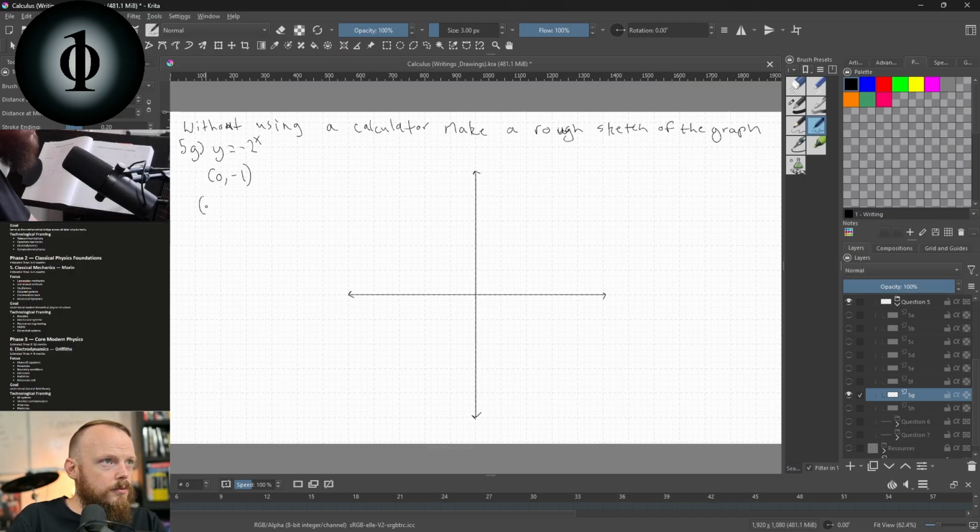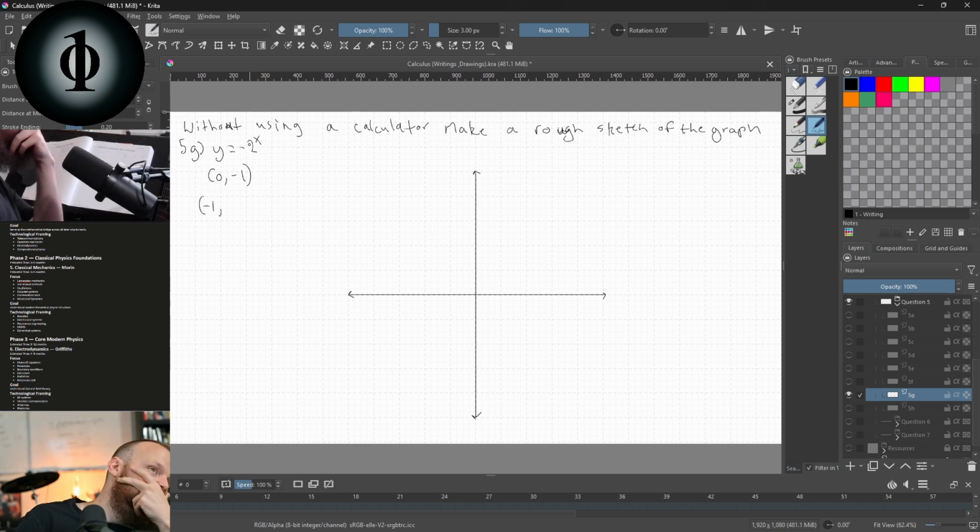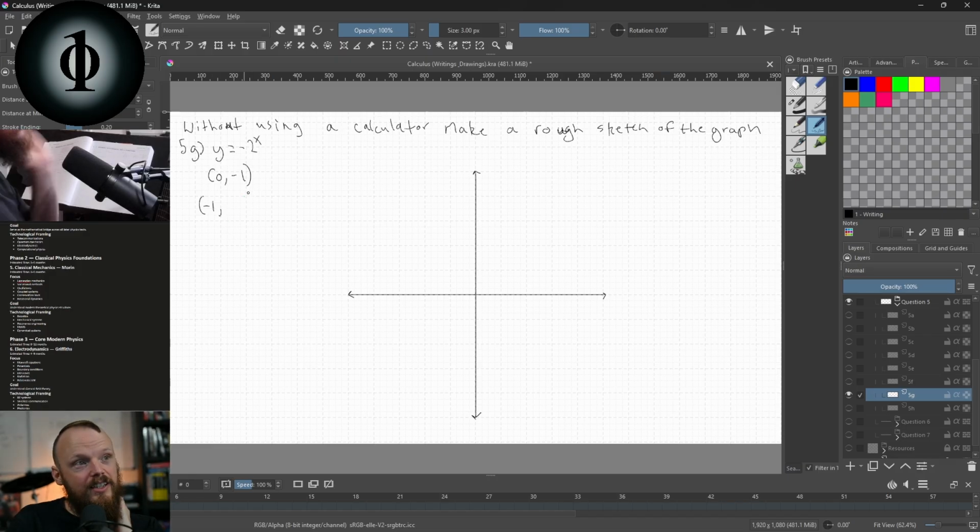Man, I want to go with some unique stuff here to get some clean answers. What happens when x is negative 1? I do not like that. We're going to go simple with this.